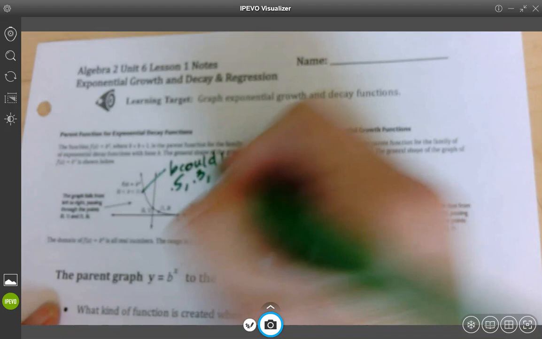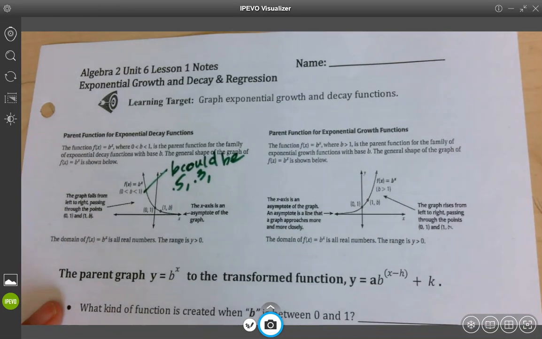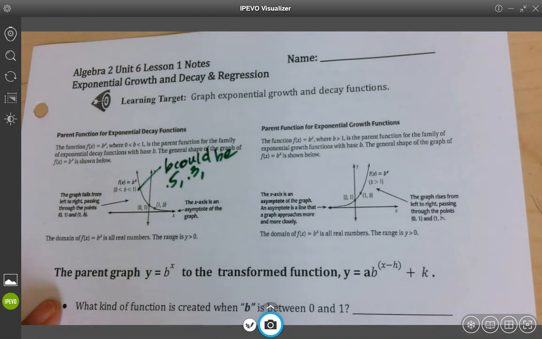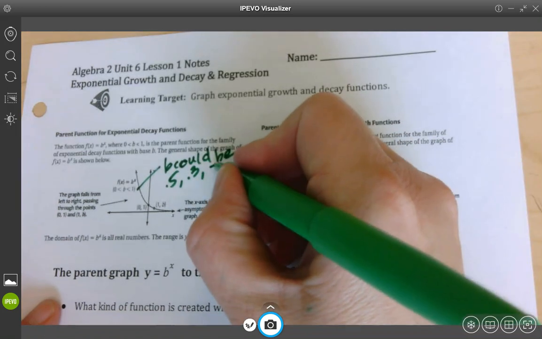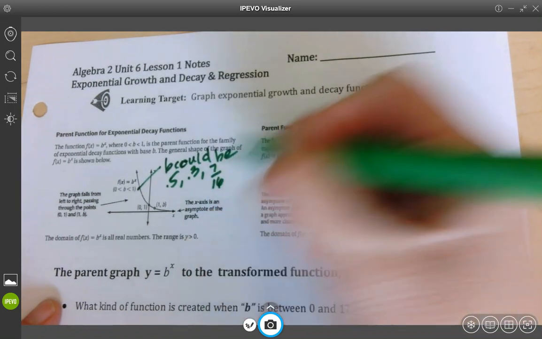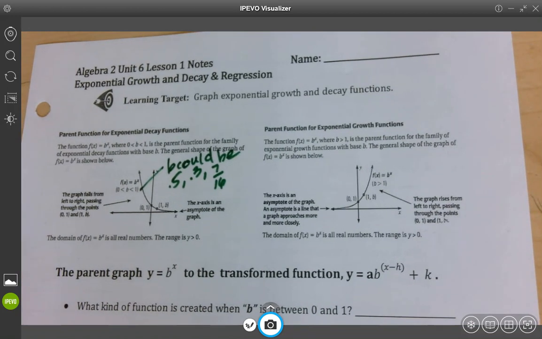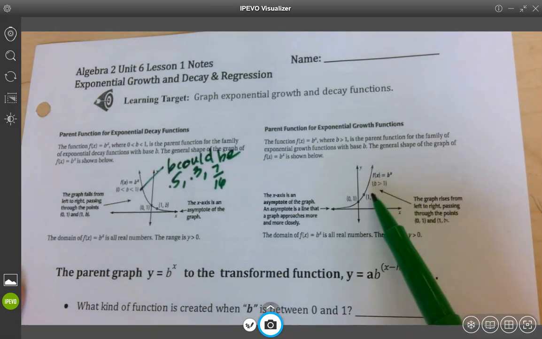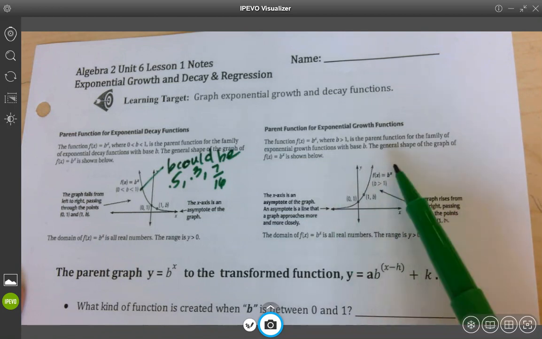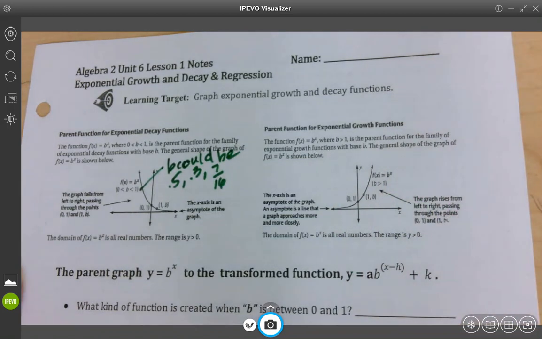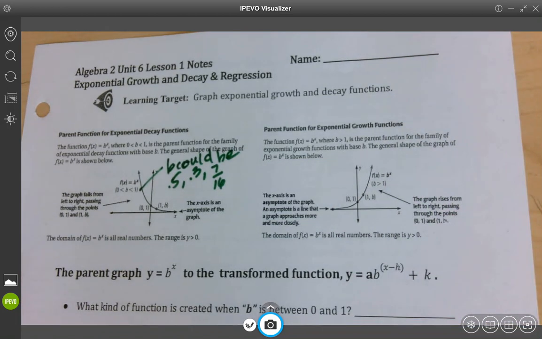How about a fraction? Go ahead, Gabby. 7/16. It's a good fraction. All right, so if b is a number between 0 and 1, like 0.5, 0.3, 7/16, then you're going to have exponential decay. And then over here it says if b is greater than 1, we're going to have exponential growth. So what are some numbers that are greater than 1? 2 and what else? 3.